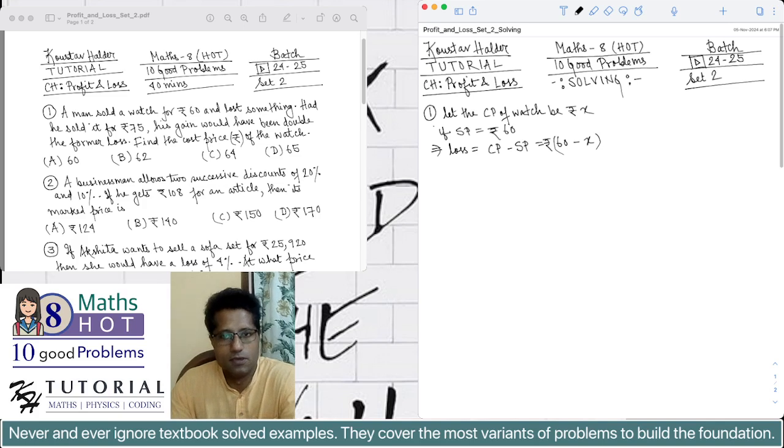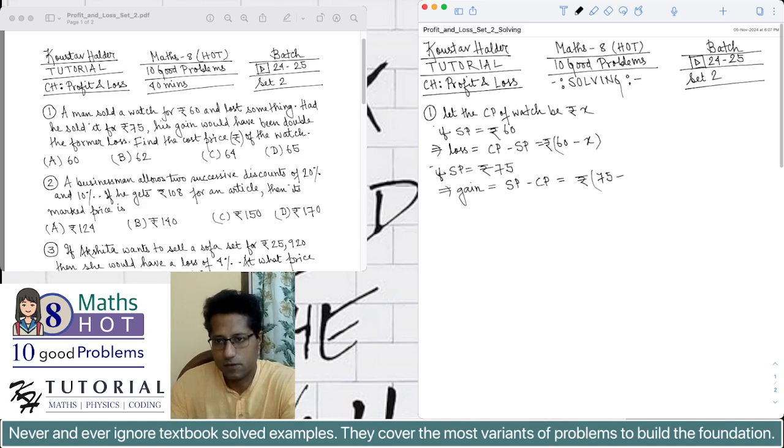Now it is given that if the selling price is 75, there will be a gain, and the gain would be 2 times the loss. So if selling the watch for rupees 75, there is a gain, obviously the gain will be selling price minus cost price, which is equal to rupees 75 minus x.